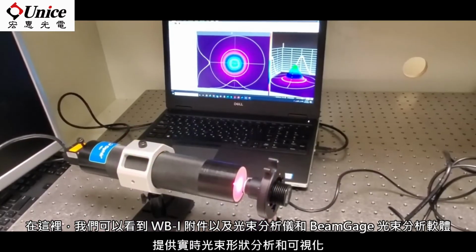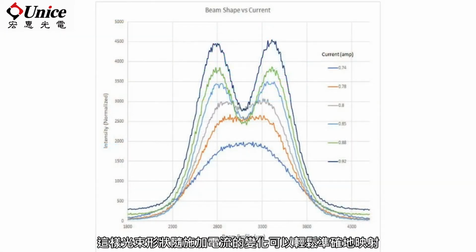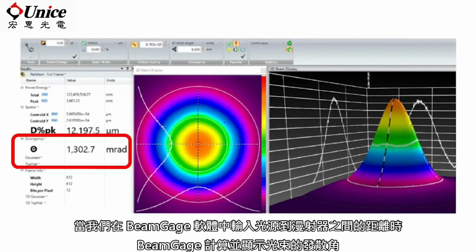Here we can see the WBI accessory together with a profiler camera and beam gauge software providing real-time beam shape analysis and visualization so that changes in the beam shape as a function of applied current can be easily and accurately mapped. When we enter the source to diffuser distance into the beam gauge software, beam gauge then calculates and displays the beam's divergence angle.